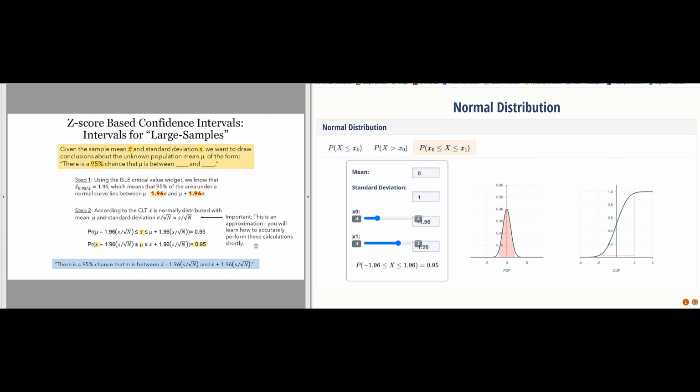But it turns out that getting from this central limit theorem statement to this analogous statement is just a matter of algebra. So you don't need to remember this, but I just want to show you that this isn't just pulled out of thin air. So let me actually do the algebra for you.